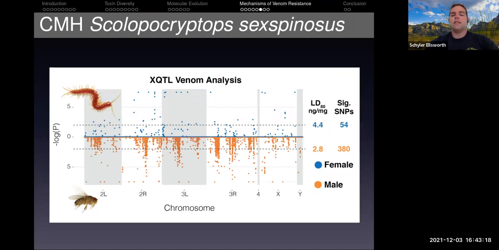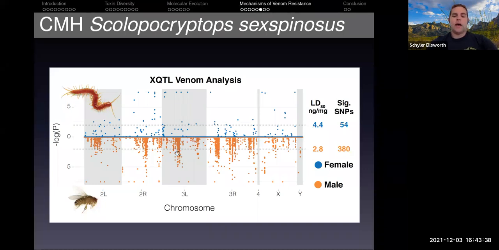However, when we did this same analysis with the venom that was mainly the proteolytic type of venom from Scolopocryptops sexspinosus, we can see that again the venom I injected was about half as much for the males as for the female fruit flies. But this time we see the opposite pattern.